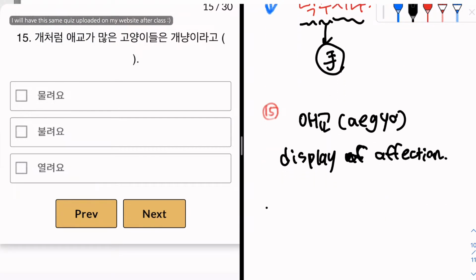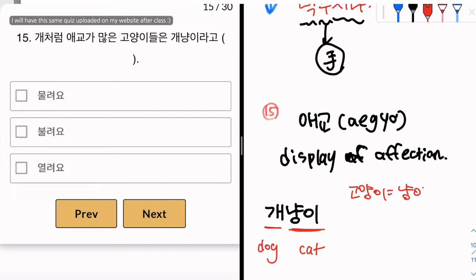개냥이라고 blank 되어 있는데요. 개냥이 is a combination of 개, which means a dog, and 냥이, which means a cat. For cat, you can say either 고양이 or 냥이. This word is a combination of dog and cat, and it refers to a cat that acts like a dog. 개냥이.